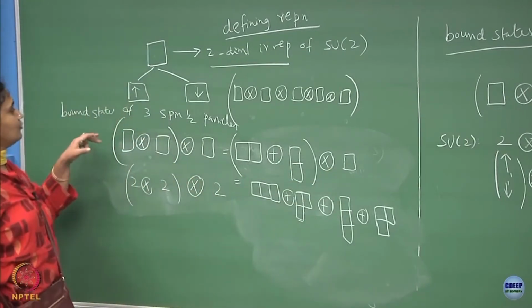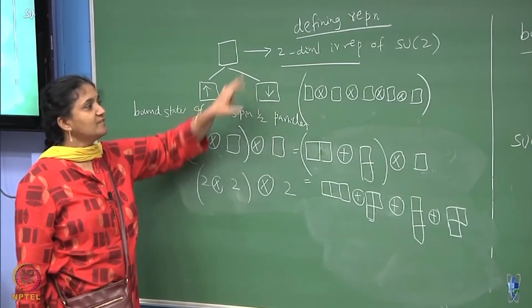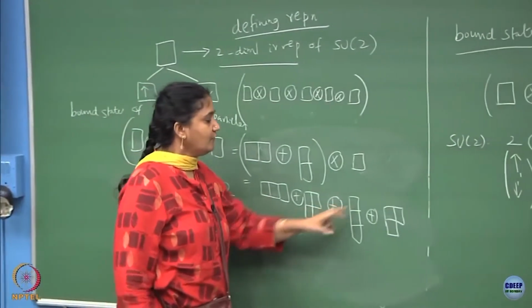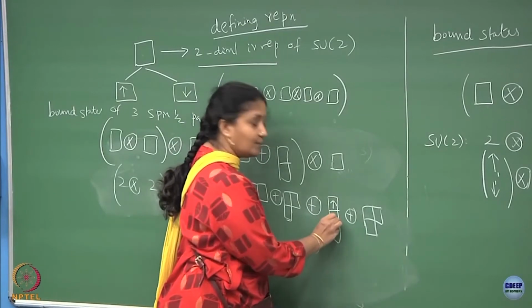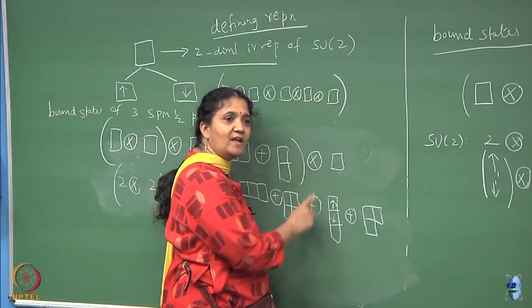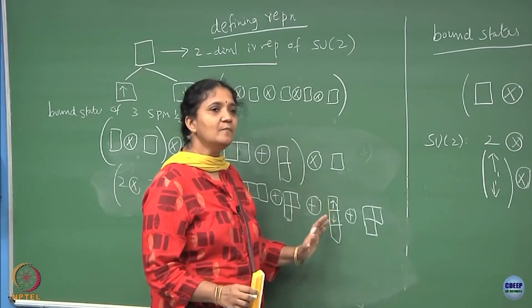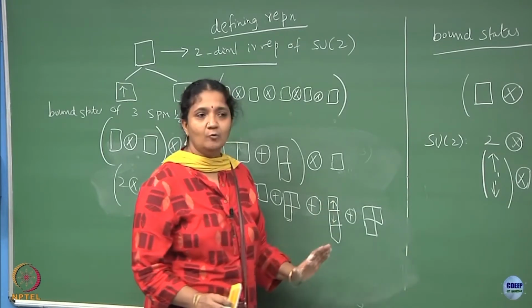Because you are doing SU2 spin half particles, the group is SU2, the fundamental objects. If you put an up spin here, you have to put a down spin, then you cannot repeat anything because this is totally antisymmetric. So, that is why I said always a vertical diagram with more than 2 boxes is not allowed in SU2.